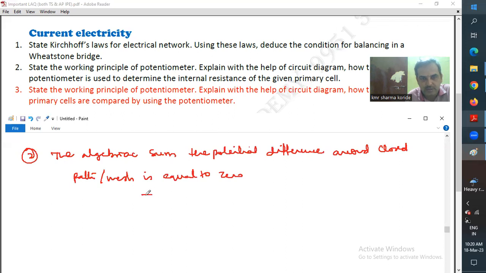So you can write the potential difference in terms of current and resistance. Even potential difference sometimes can also be EMF. Algebraic sum of EMF is equal to 0.